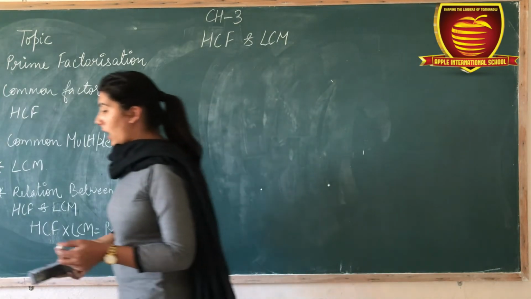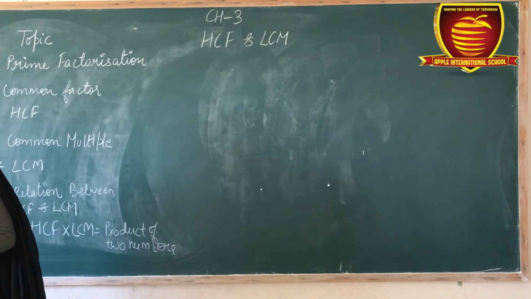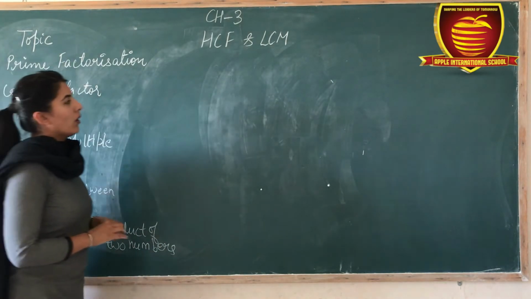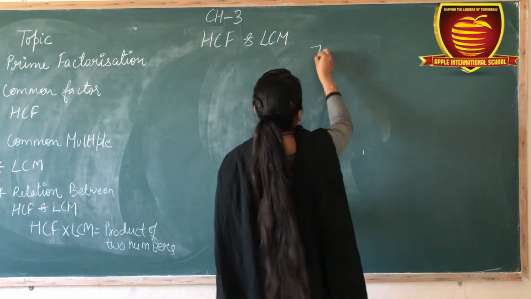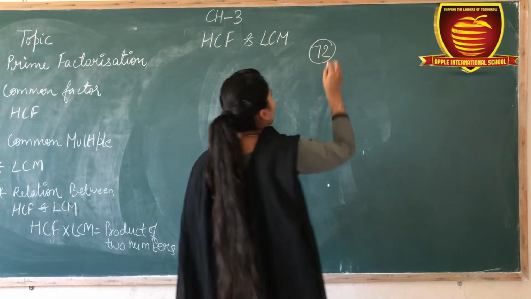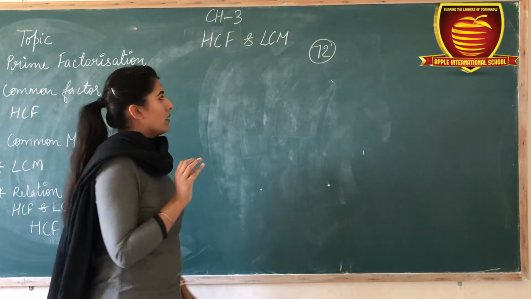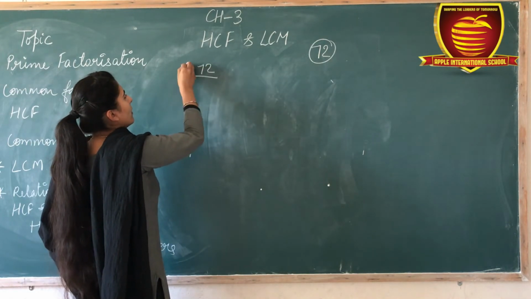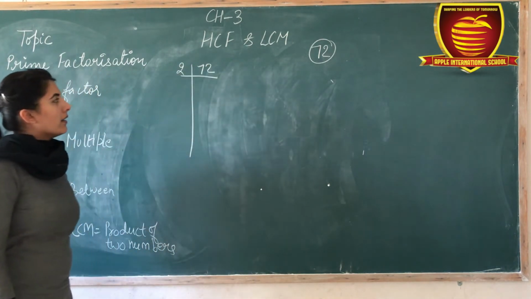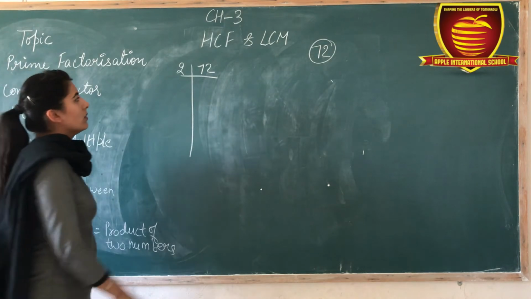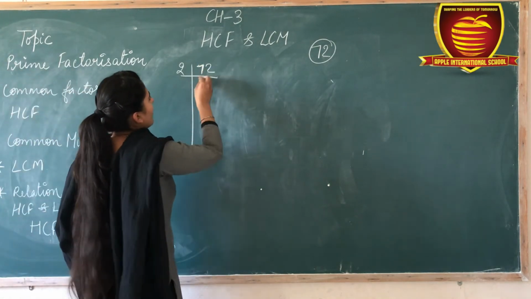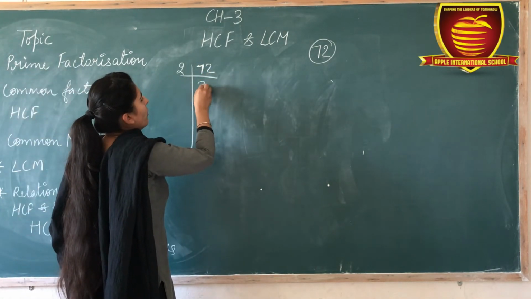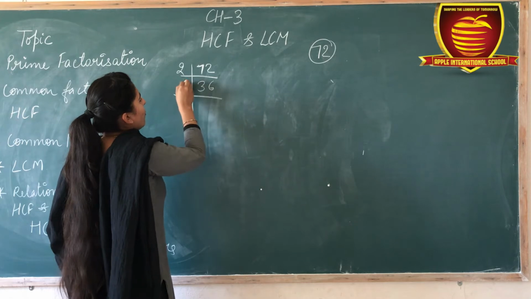Now let's take one more example, 72. When we divide 72 by 2, it becomes 36.